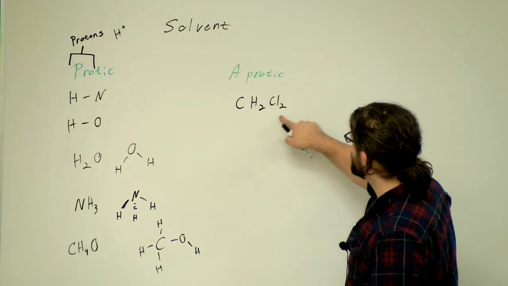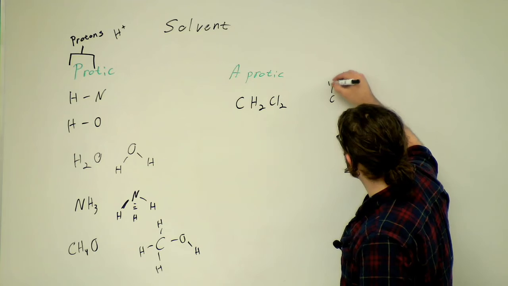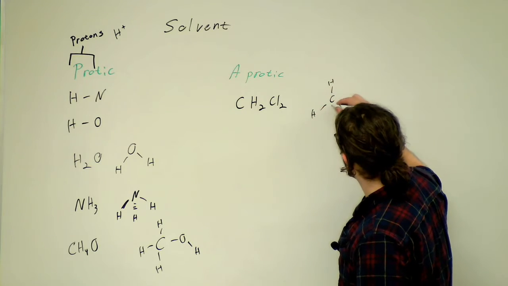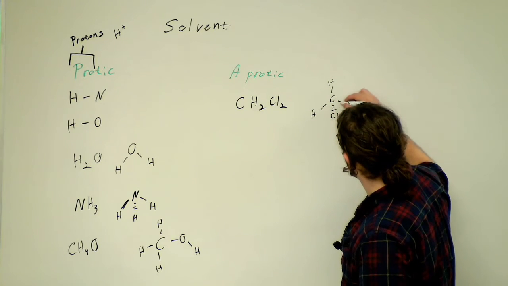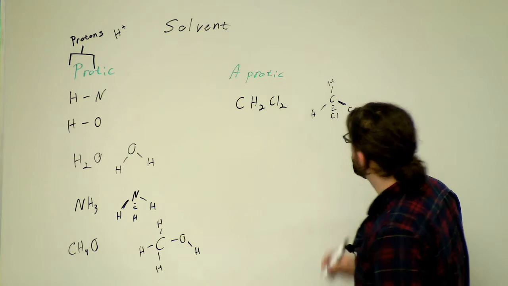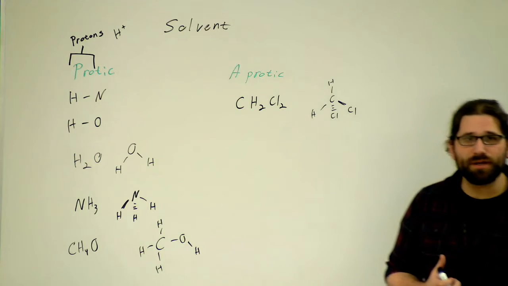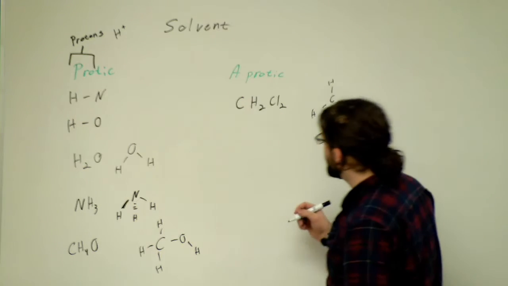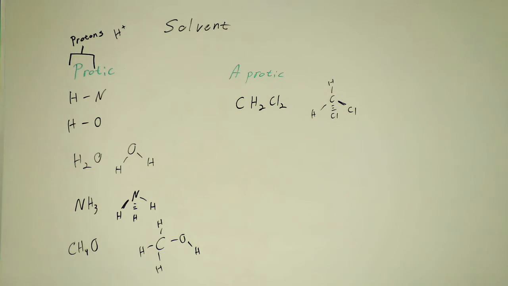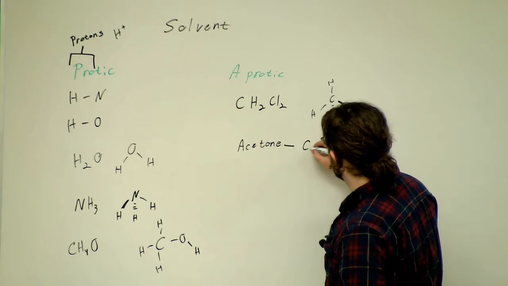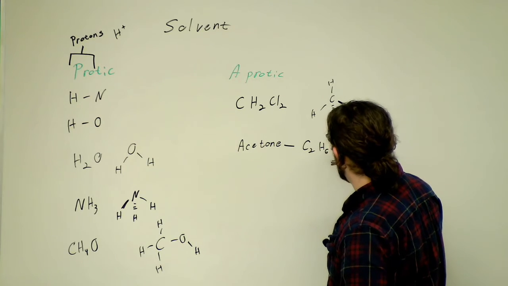So CH2Cl2. So that looks like this. Another really common solvent that is aprotic is acetone. What is acetone's structure? Acetone, C3H6O.